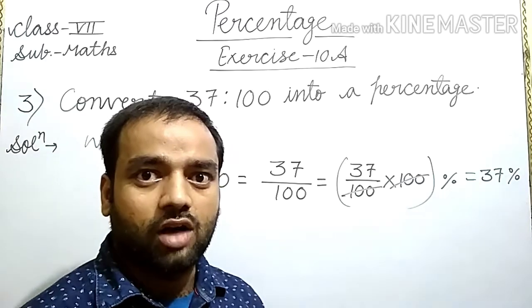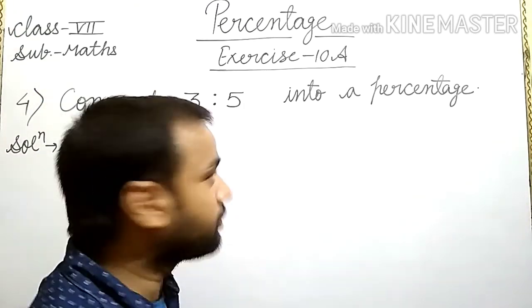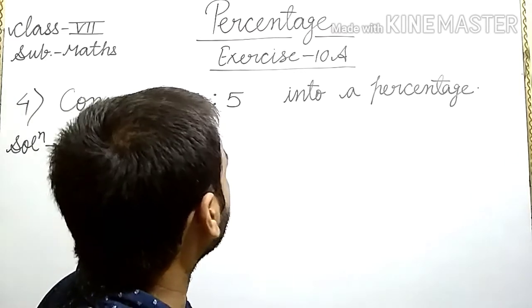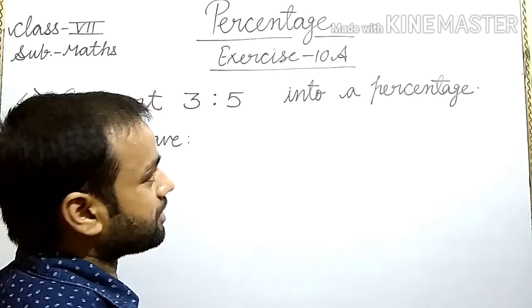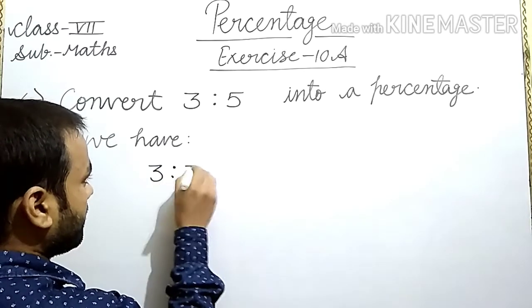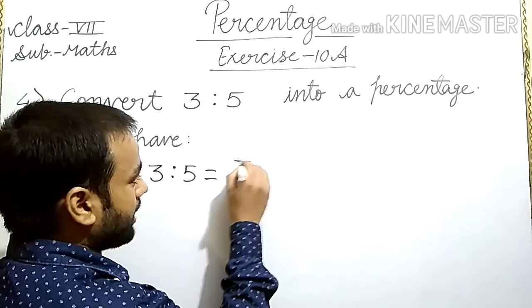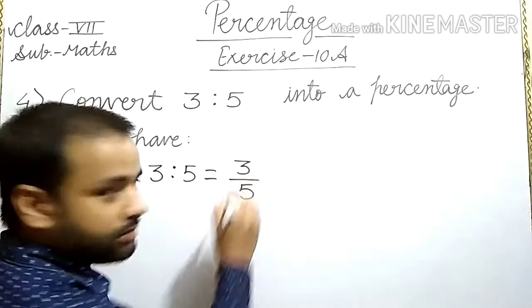Is it clear? Now let us discuss question number 4. In question number 4, convert 3 is to 5 into a percentage. So we have 3 is to 5. First of all, write this ratio as a fraction, means 3 by 5.